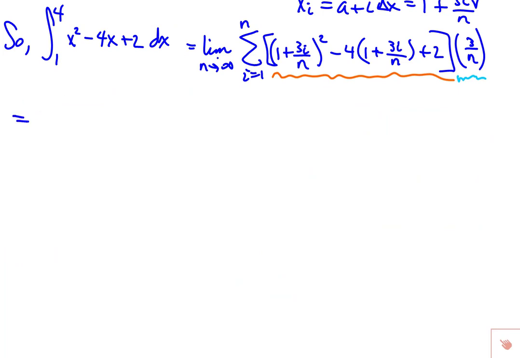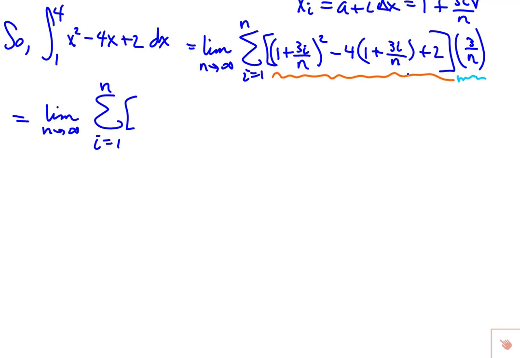So let's keep this limit going now, and so we really have the limit as n approaches infinity of the sum from i equals 1 to n of, now we're going to expand a little bit what's inside the previous step.